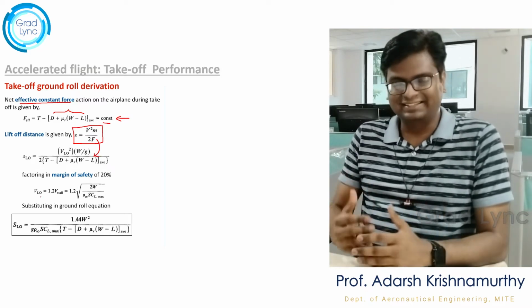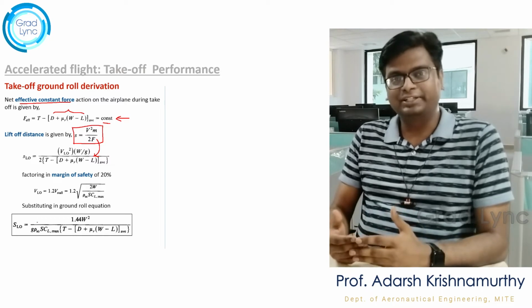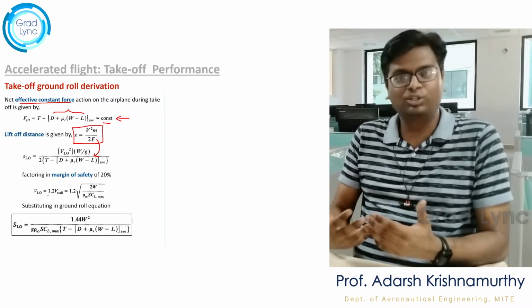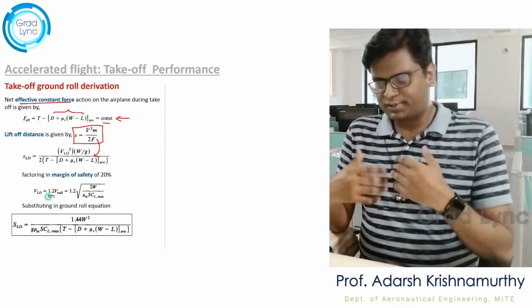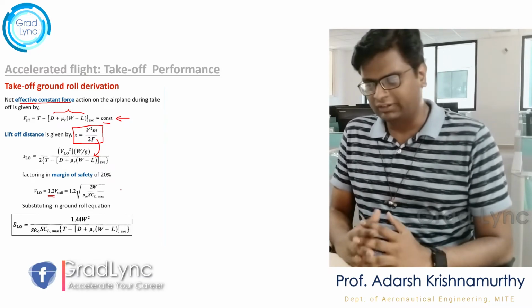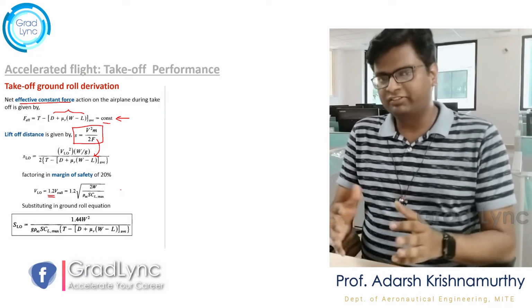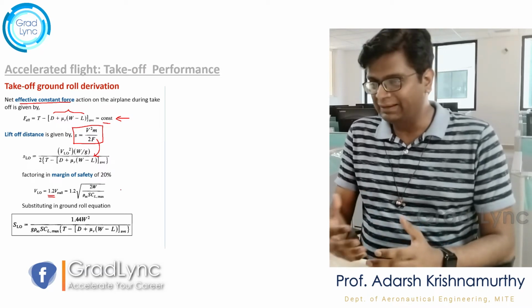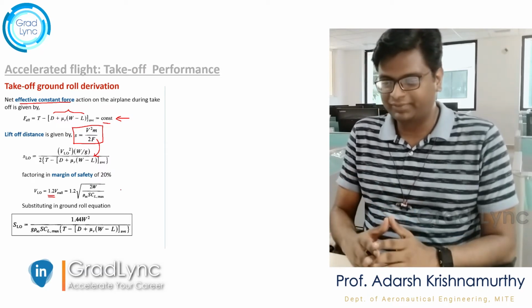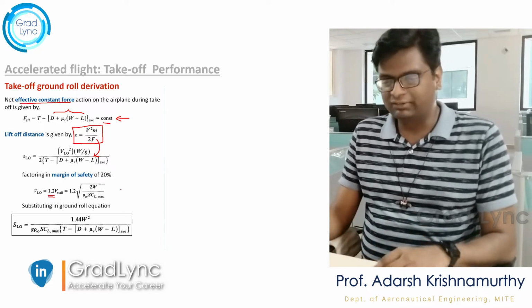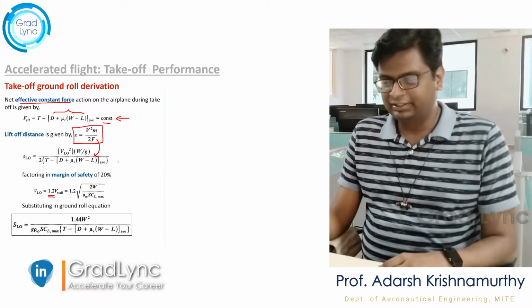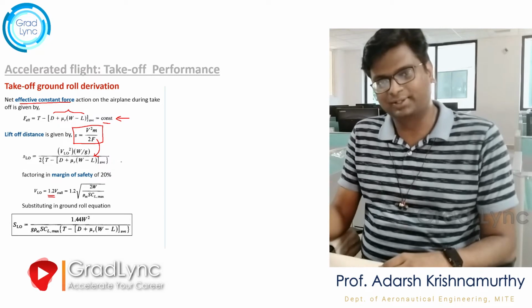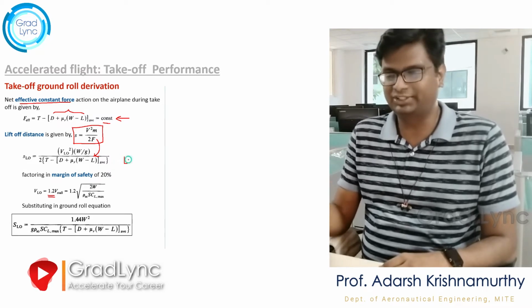So with this, the liftoff velocity is 20% more than the stalling velocity. So rather than giving the stalling velocity, I'll give 20% more than the stalling velocity. That will help me in any adverse condition, right? So how to get this stalling velocity? Using the lift equation, that is L equals half rho V squared S into CL.